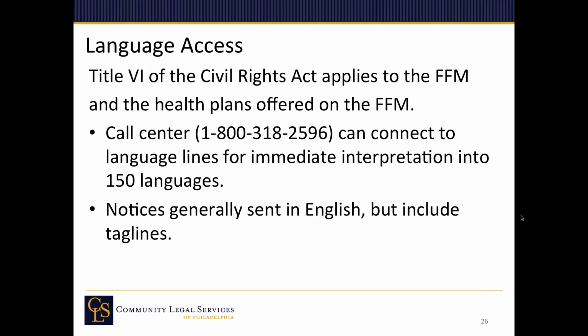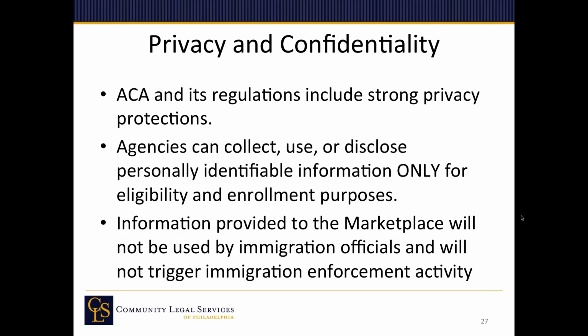Immigrant access to marketplace subsidies. Now, there have been a whole lot of problems, especially for immigrants under 138% of federal poverty level. And these folks are still facing some challenges getting approved for subsidies. These folks, but for their immigration status, would be eligible for Medicaid. And the marketplace just is not doing a really good job separating out these immigrants from the rest of the Medicaid eligible population.